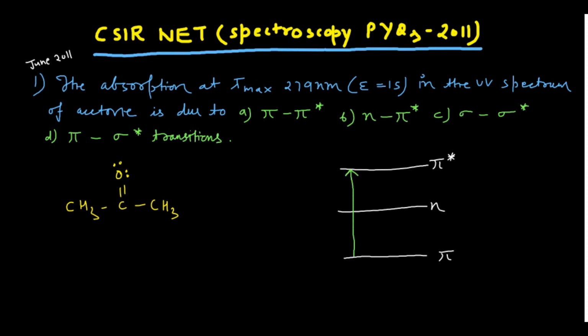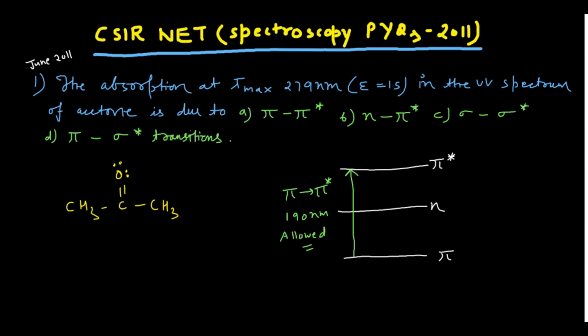The first transition is this one, which is happening from your pi bonding to pi anti-bonding, and this transition occurs somewhere around 190 nanometer, and this is an allowed transition. Since it is an allowed transition, it will have a higher value of epsilon max.